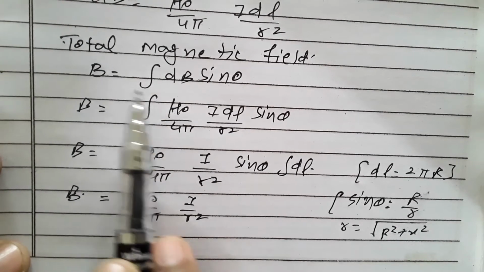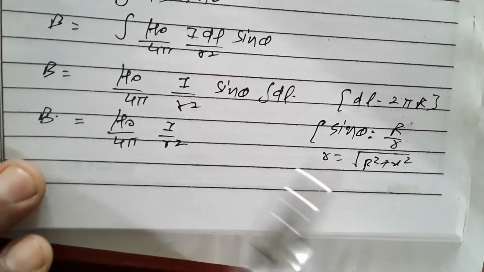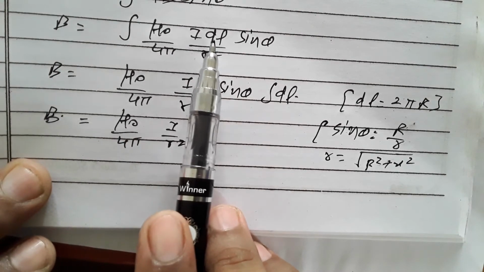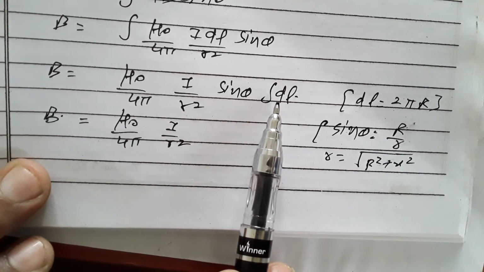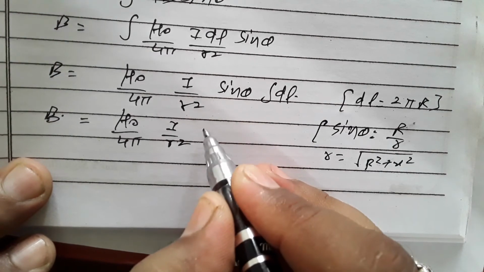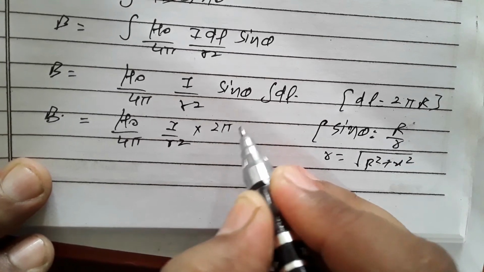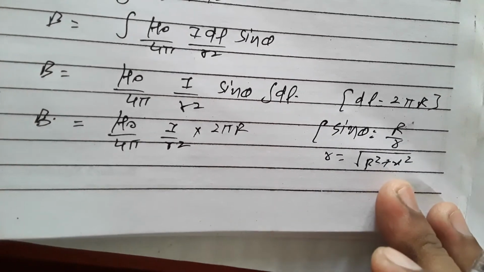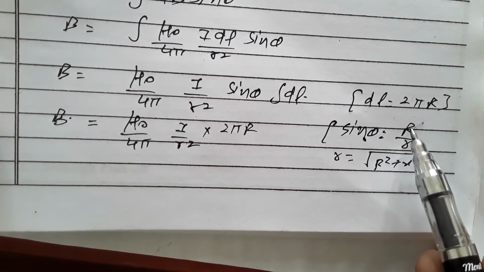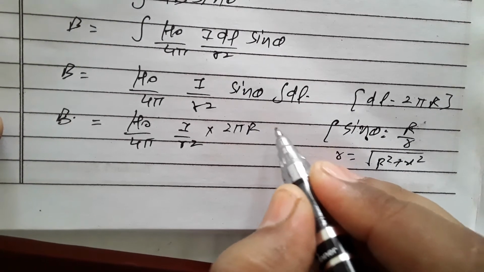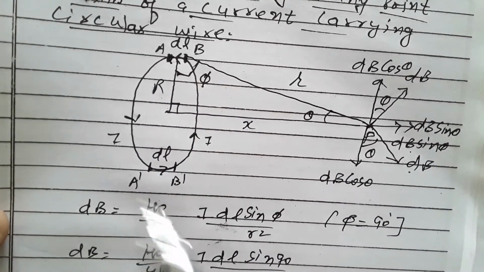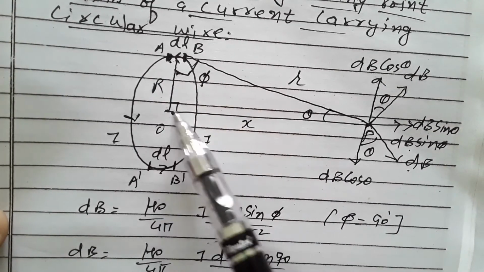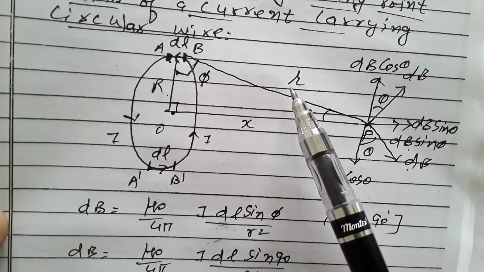Now the total magnetic field B is equal to the integration of dB sin theta. Put the value of dB, mu naught upon 4 pi I dl by r square into sin theta. The integration of dl is 2 pi R. From the diagram, sin theta is equal to capital R upon small r. In the diagram, this is point O, the distance between O and P is x, and this is capital R and small r.